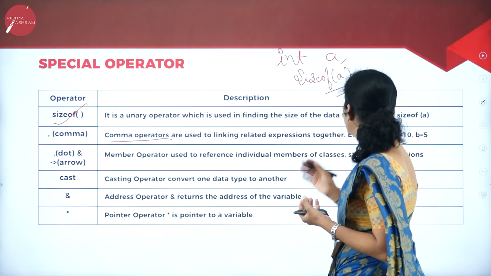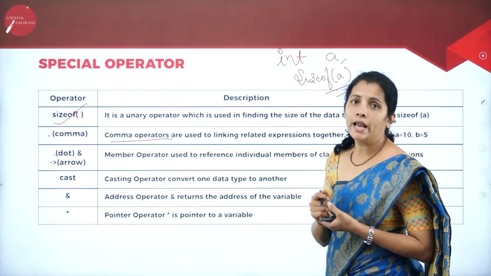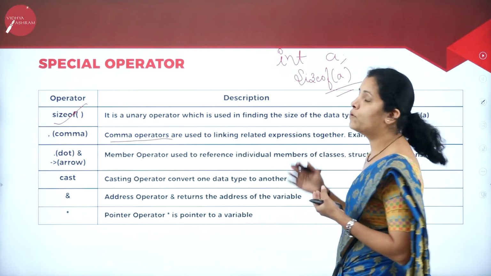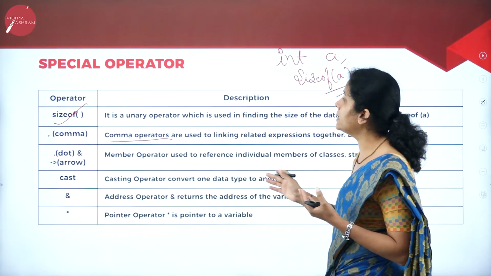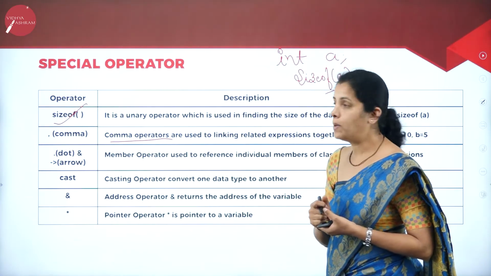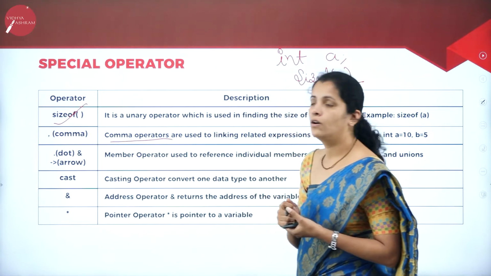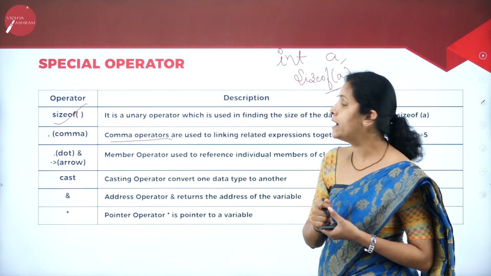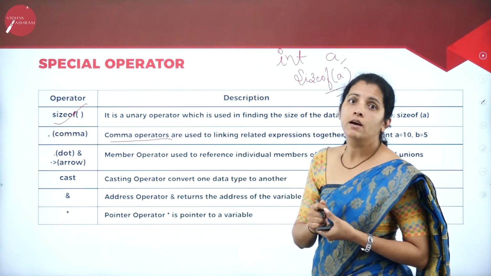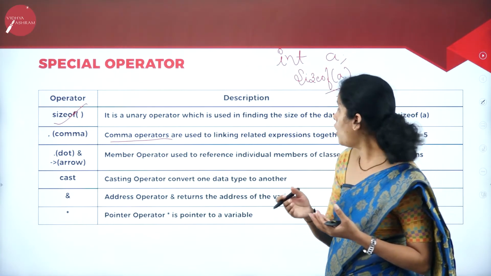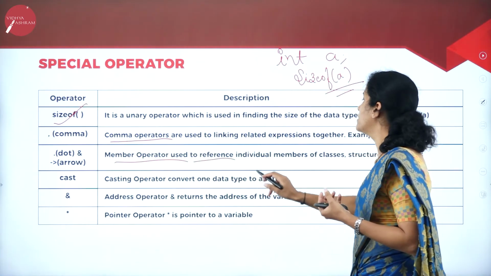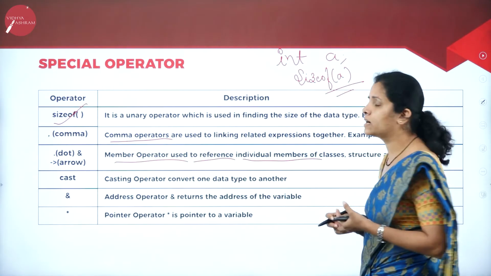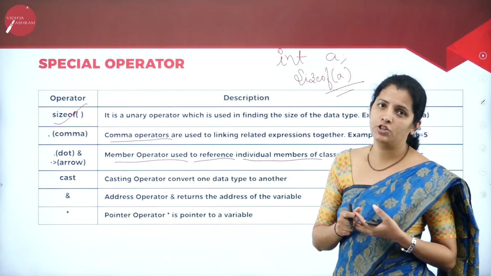And comma. So here comma is nothing but the separator. Suppose during the declaration of any variables I want to separate those variables, in that time I'm going to use comma. And dot or arrow, if I want to access a member function or member, these operators are used to reference an individual member of a class, union or structure.